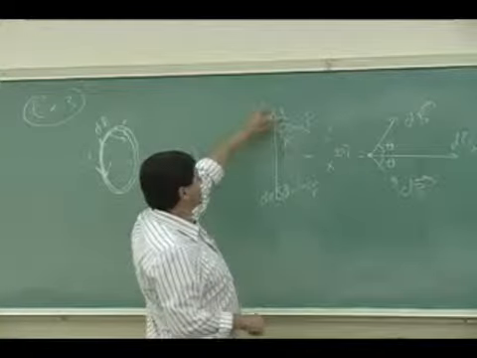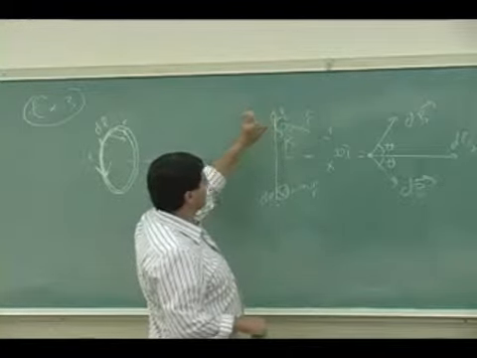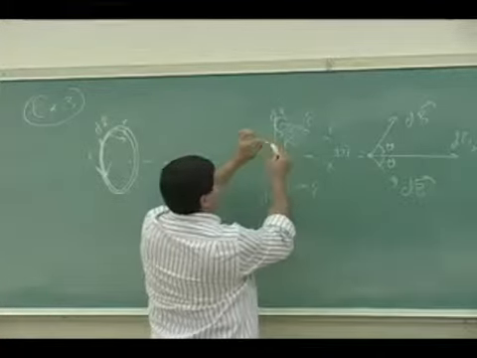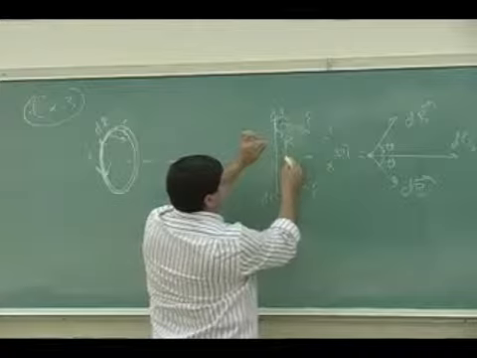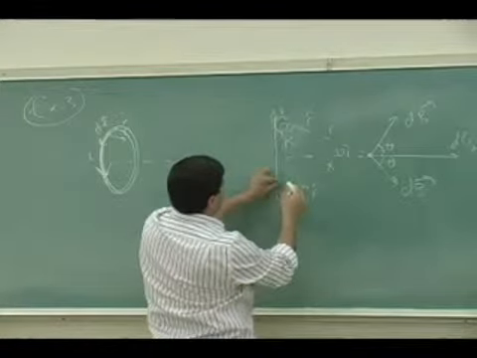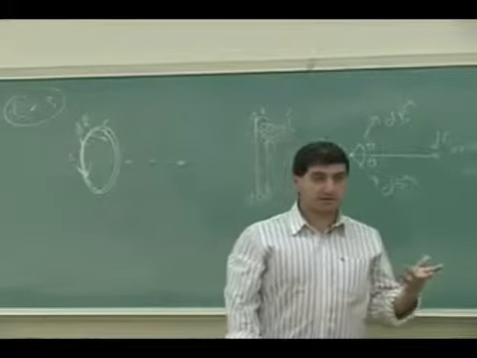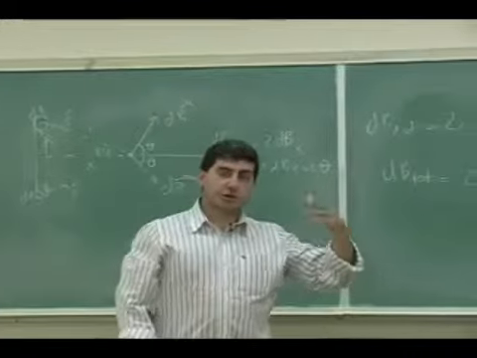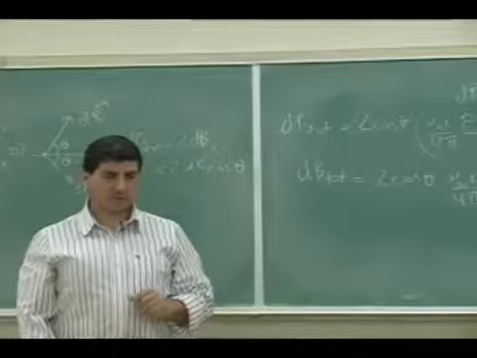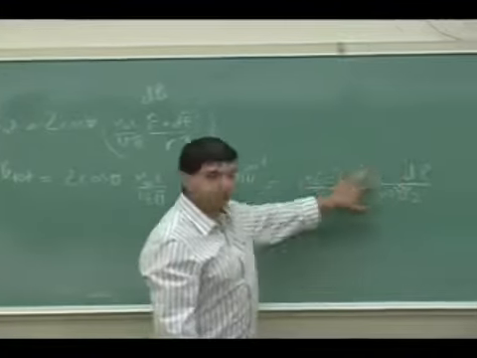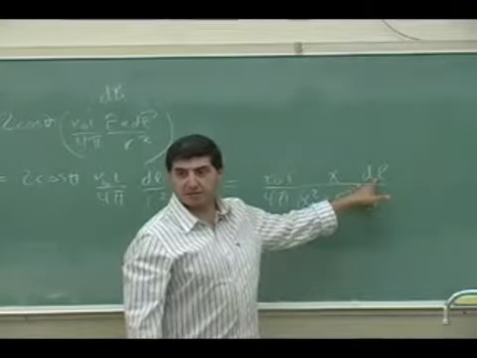This one comes out, this one goes this way, this one comes this way down. The x is still this, and the r is still that, okay? And so it doesn't matter where the element is, the x and the r are just constants. You don't have to integrate them. As a matter of fact, it would be wrong if you integrate them. So none of this is part of the integral. You just got to integrate the dl.